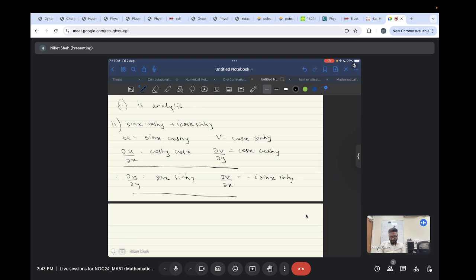So what we end up getting is that the CR conditions are being satisfied everywhere. It's analytic and it's an entire function.